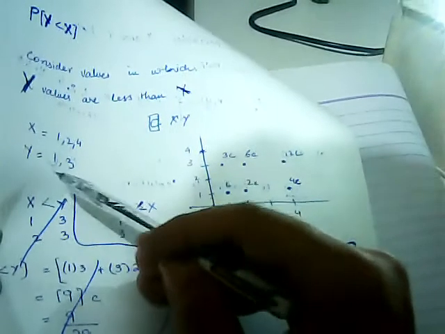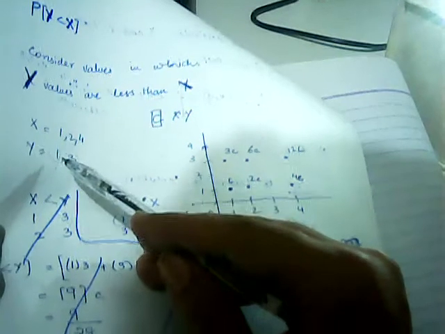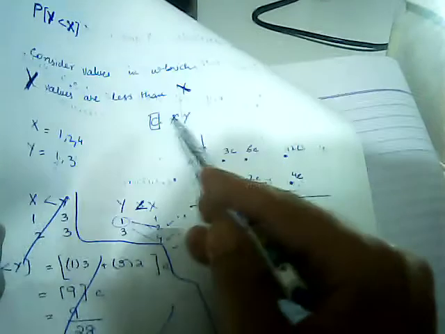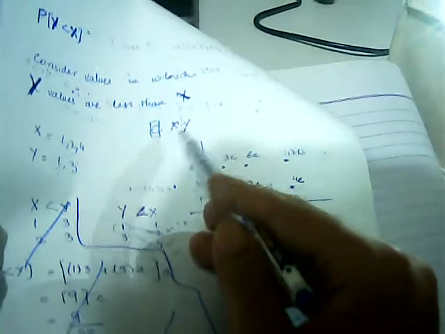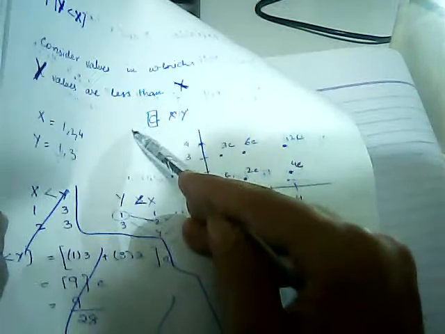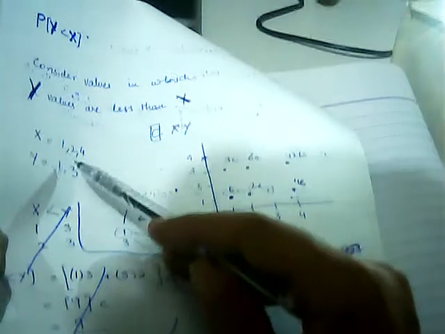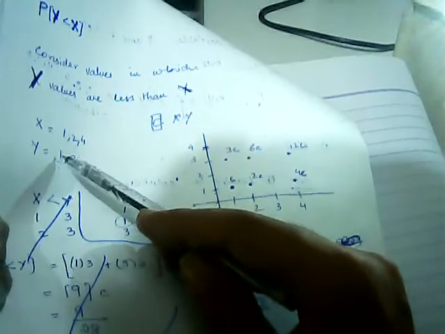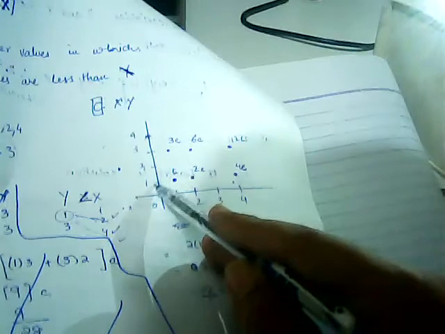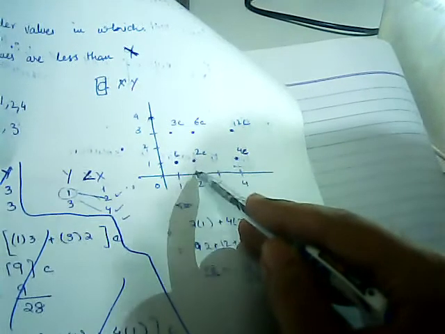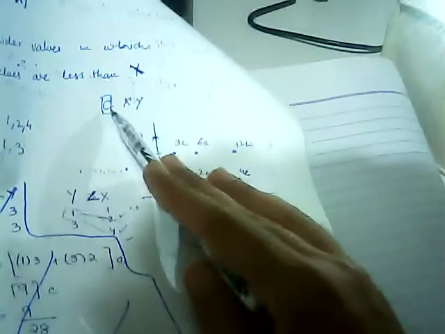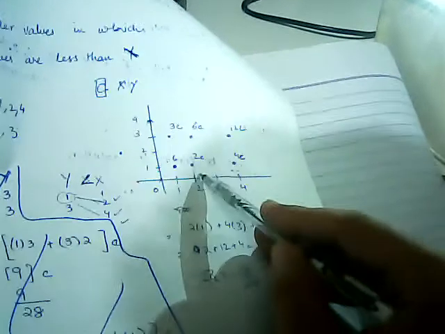Similarly, putting 1 and 2 in the equation we get 2c, right? So plot y equals 1 and x equals 2. Now y equals 1 is here and x equals 2 is here, and by putting these values, 2 multiplied by 1 into c, we get 2c.